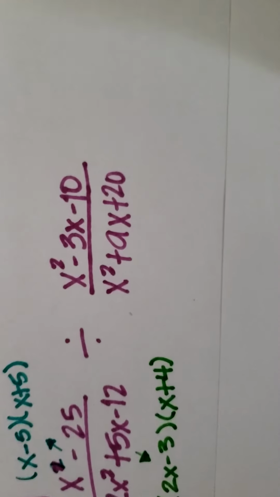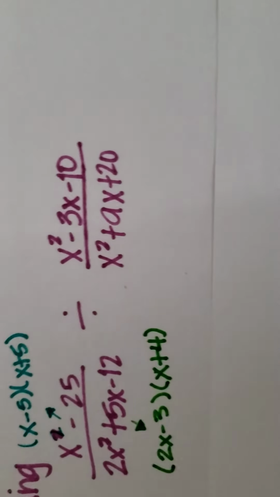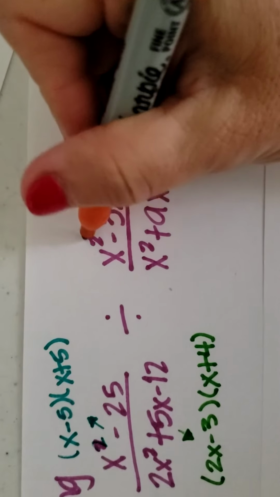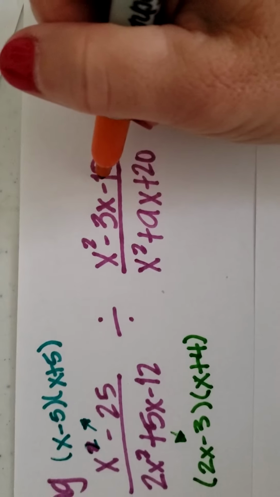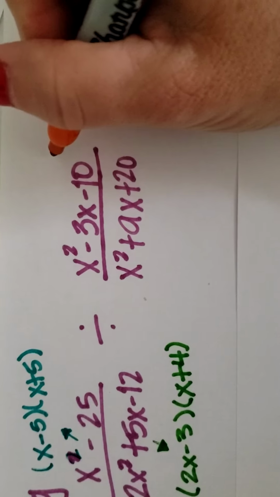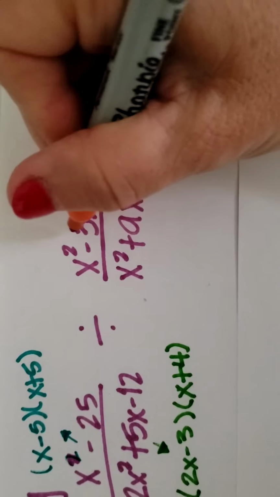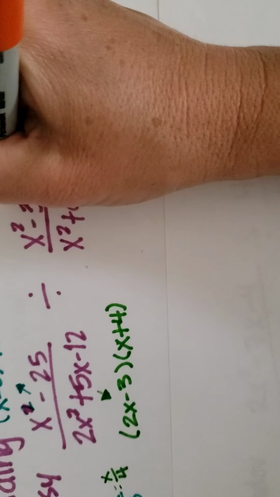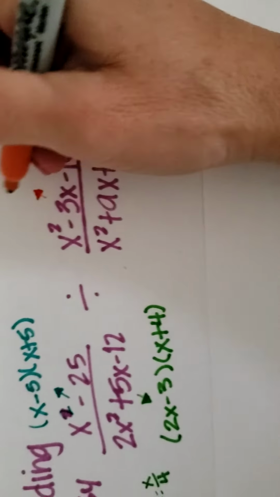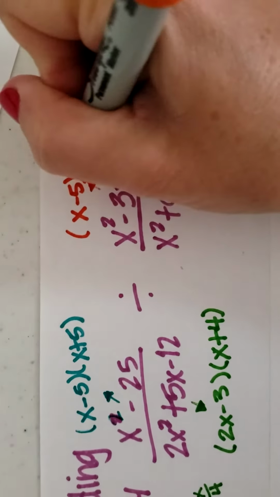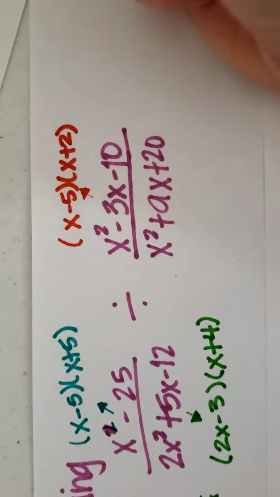All right, let's move this over, and we're going to take a look now at this numerator, x squared minus 3x minus 10. We know the factors of 10 are 1 and 10, 2 and 5, and that the 2 and 5 will give us a negative 3. If we make that x minus the 5 and x plus the 2.